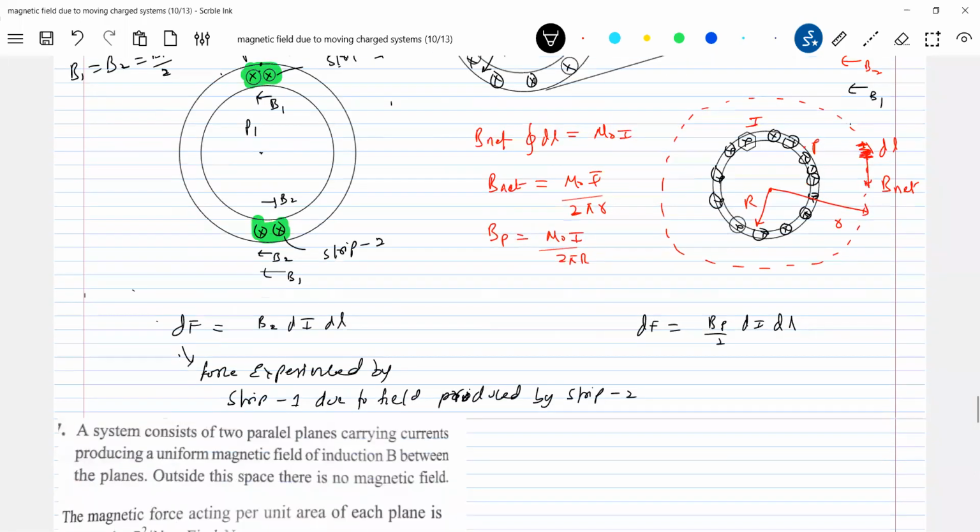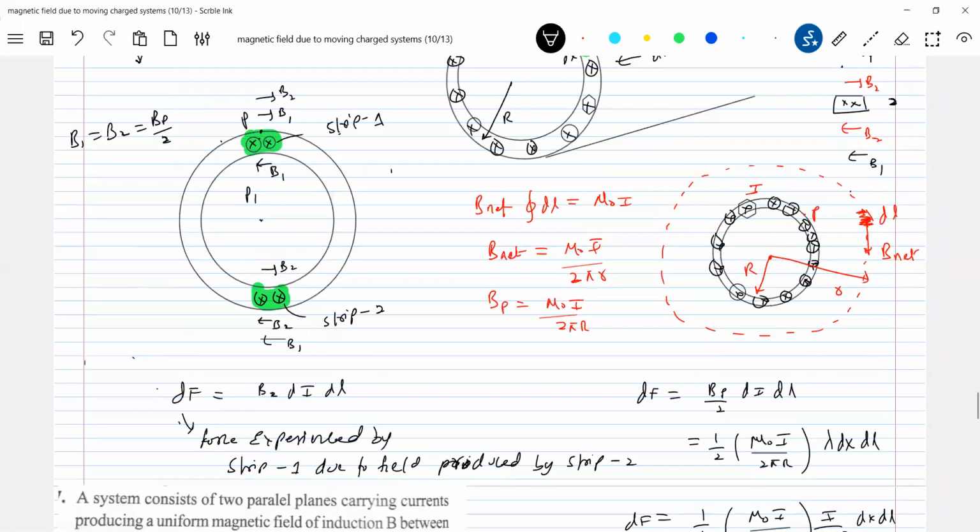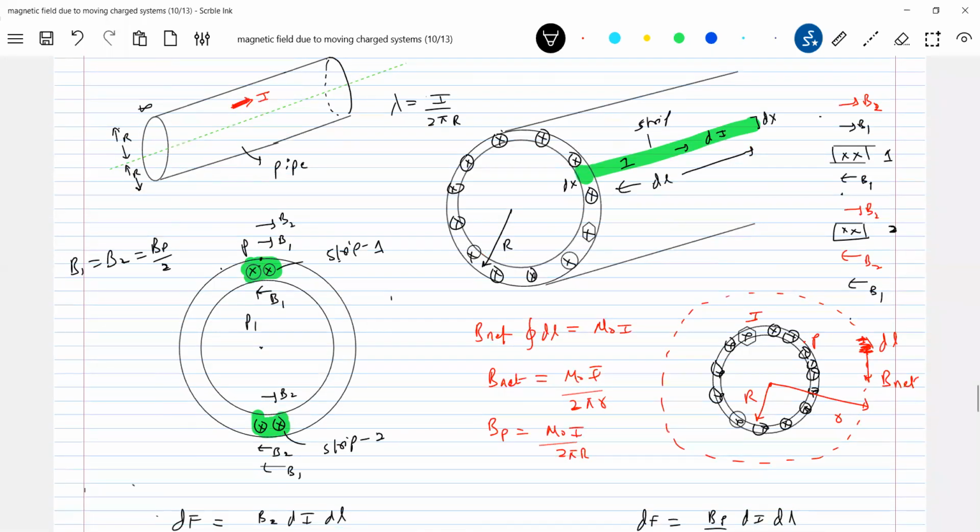So now dI I can write: BP by 2, where BP is mu naught I by 2 pi r. dI is lambda into dx, and this is dL. So further 1 by 2, mu naught I by 2 pi r, lambda is I by 2 pi r, dx dL. dx into dL is the area of the strip.